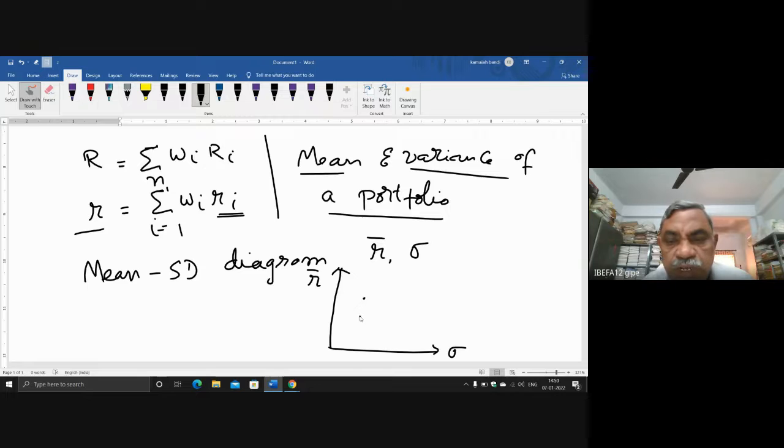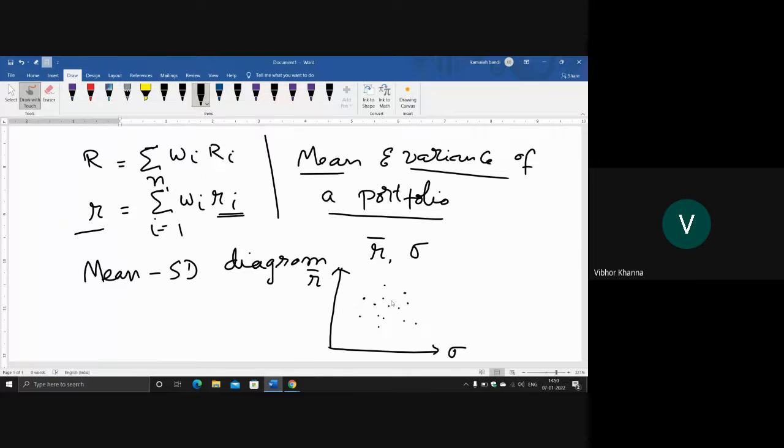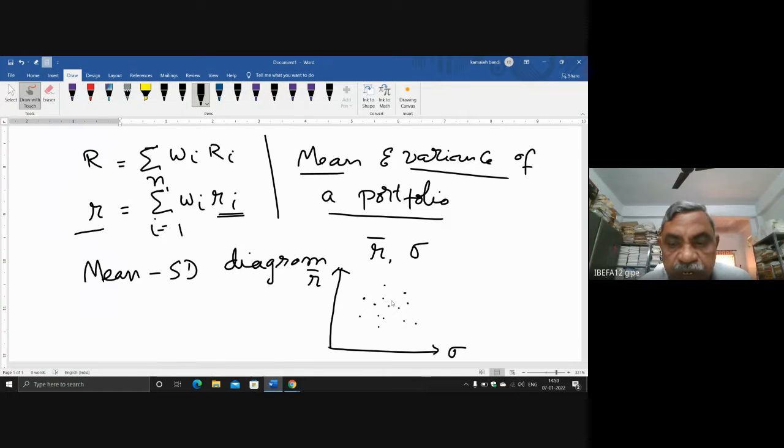So like that, you take n number of assets. Each asset can be identified in terms of the return and the risk. That is how the mean standard deviation diagram is very useful in characterizing various assets. So here the more standard deviation means more risky assets, right? Yes, higher the standard deviation, higher would be the risk.